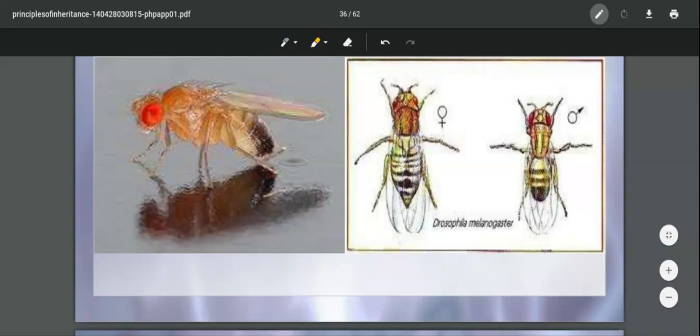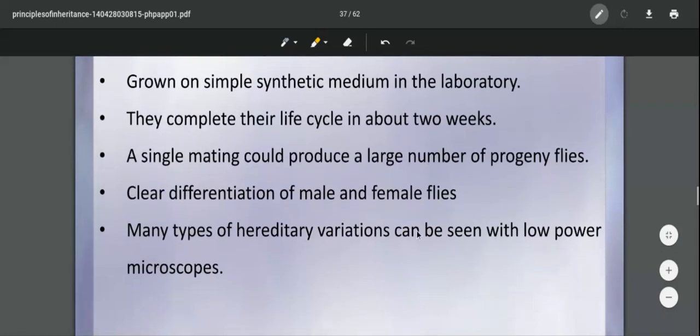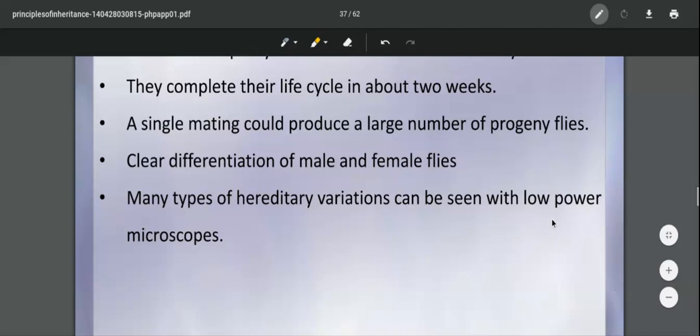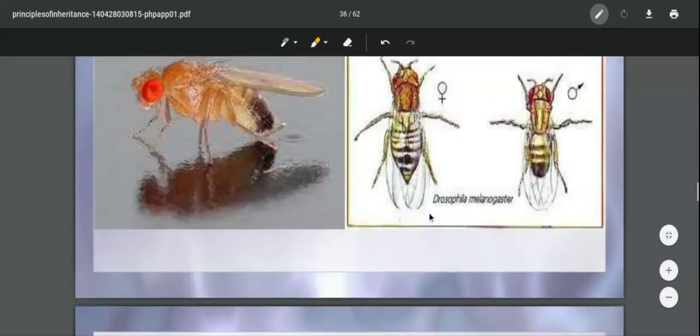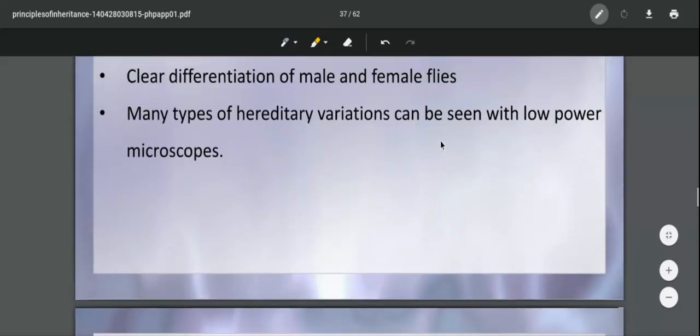So quite visibly, externally, you can tell between a male and female. Another reason he chose it is that even with a very low powered microscope, you can see many hereditary variations, like some with brown bodies, some with yellow bodies, some with red eyes, some with white eyes. So all that was quite clearly visible.